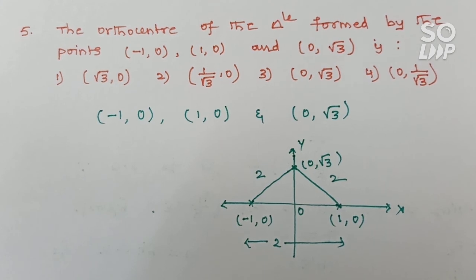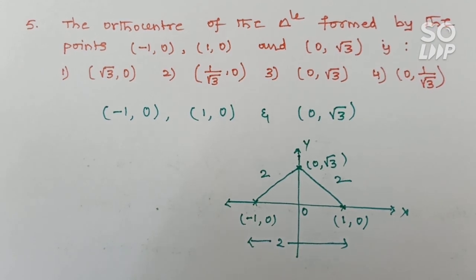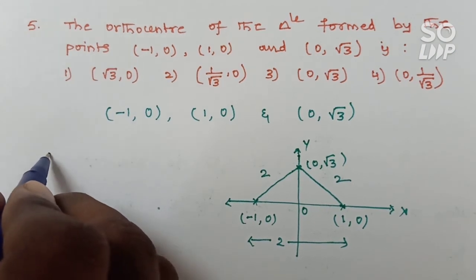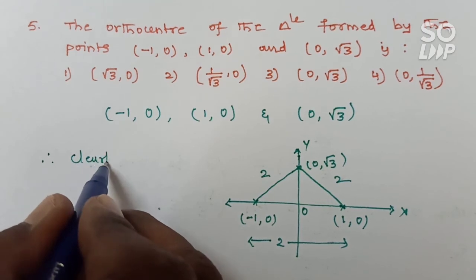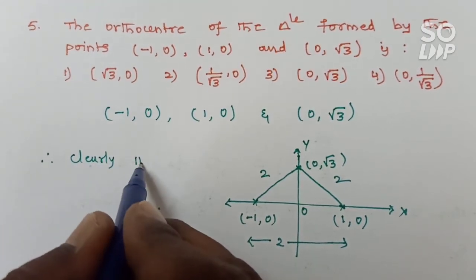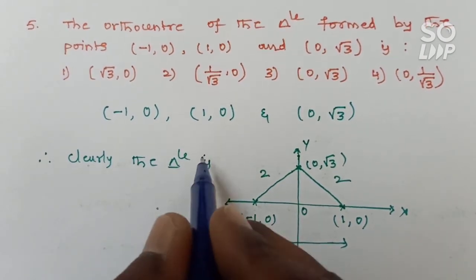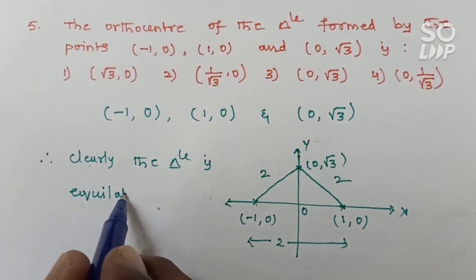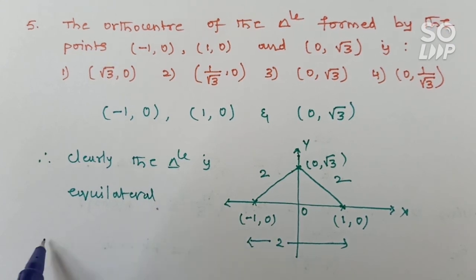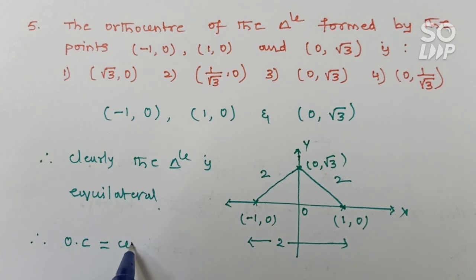We already know that if the given points form an equilateral triangle, the orthocenter is equal to the centroid of the triangle. So first write: clearly the triangle is equilateral, therefore the orthocenter is equal to the centroid of the triangle.